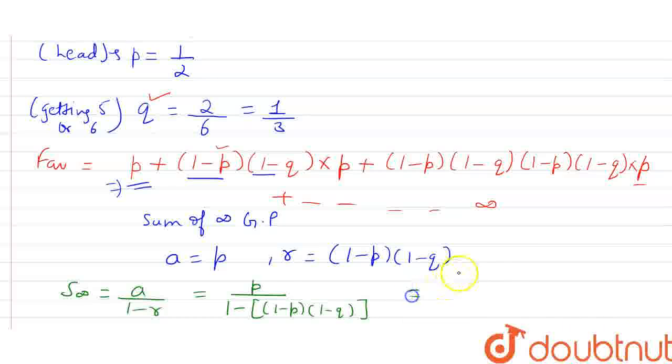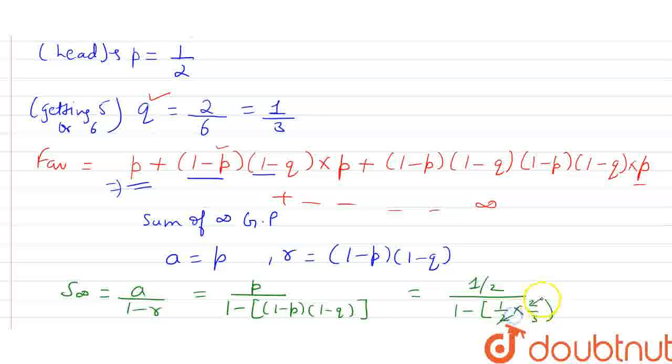Now putting the values, we get P is 1 upon 2, upon 1 minus P will be 1 minus 1 by 2 is 1 upon 2 only, into 1 minus Q, which is 1 minus 1 by 3, is 2 by 3.